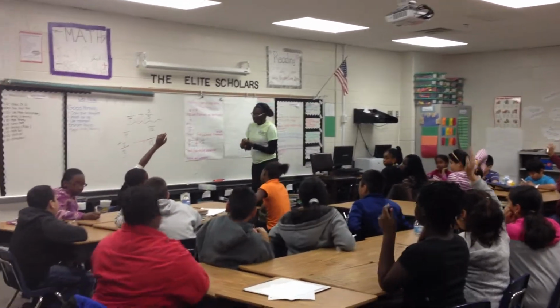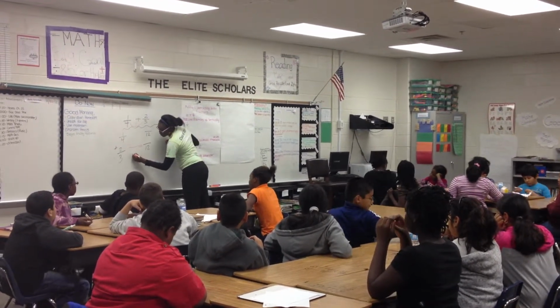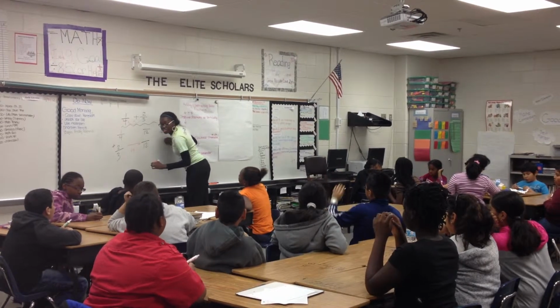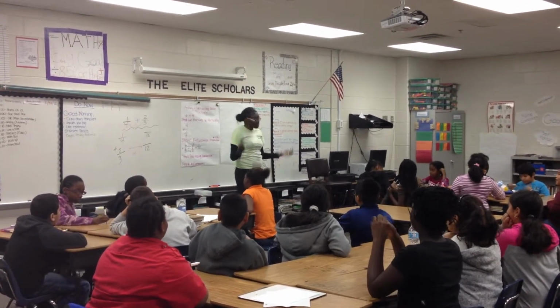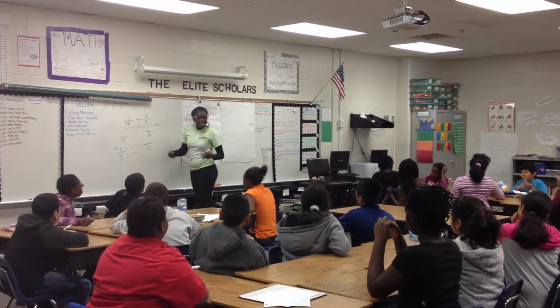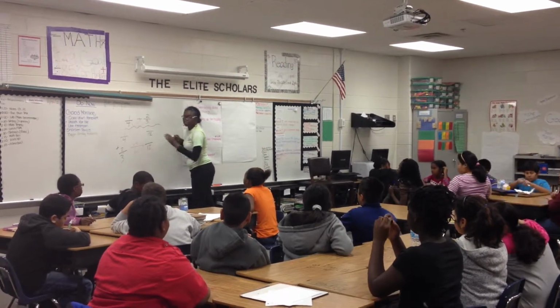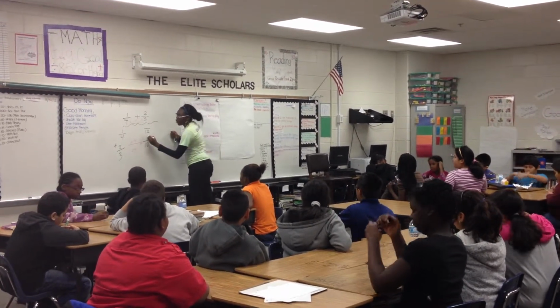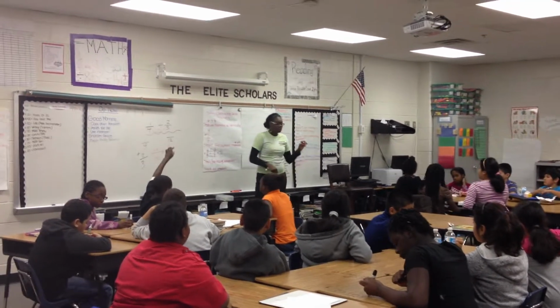Tatiana? 3 times 4. And I know when I'm finding an equivalent fraction, what I do to the bottom, I have to do to the top. So I know 3 times 4 is 12, so 2 times 4, my missing numerator has to be 8. So I know 2/3 is equivalent to 8/12.